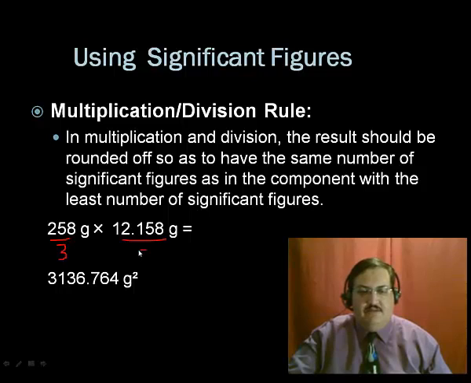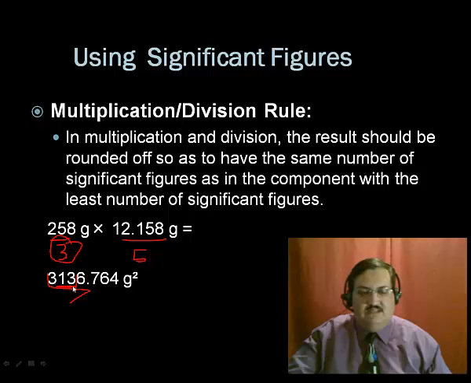My second number actually has 5 significant figures. If I look at this number, I would have 1, 2, 3, 4, 5, 6, 7 significant figures, more than I need. So I'm going to need to round it down. I'm going to round it down to 3 significant figures. So that would be my first 3 numbers.